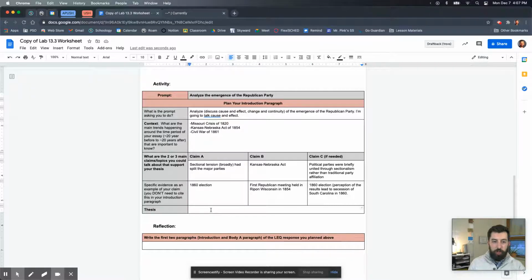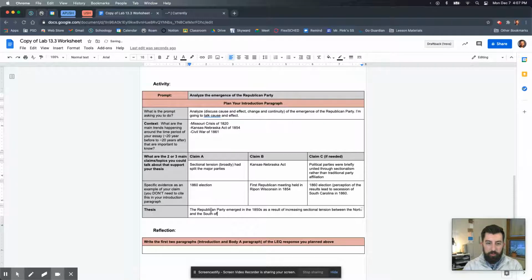So now let's pull all this together in a thesis. So I'm going to make the claim that the Republican Party emerged in the 1850s as a result of increasing sectional tension between the North and South over the issue of slavery.